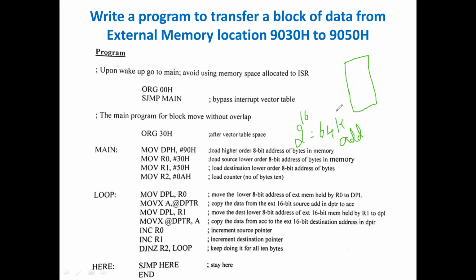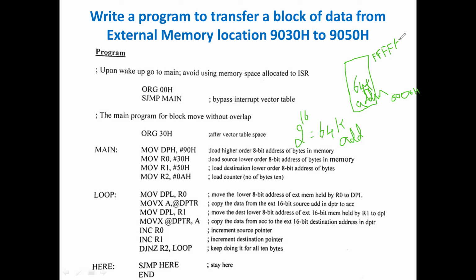This is the address capacity of memory that can be interfaced with 8051, so this memory will start from address 0000H to FFFFH. 64 kilo in hexadecimal form ranges from 0000 to FFFFH.